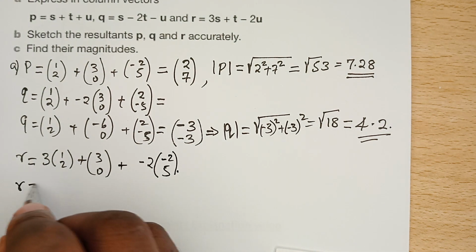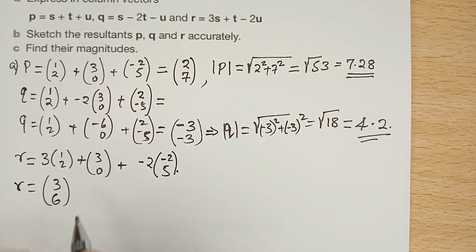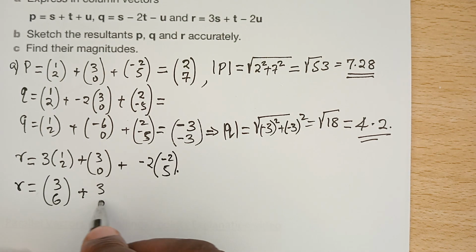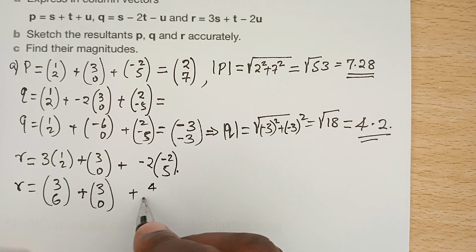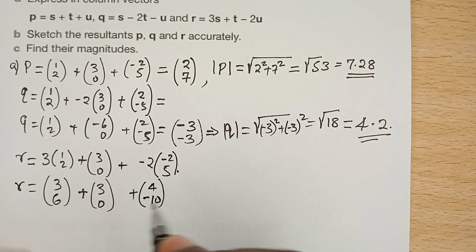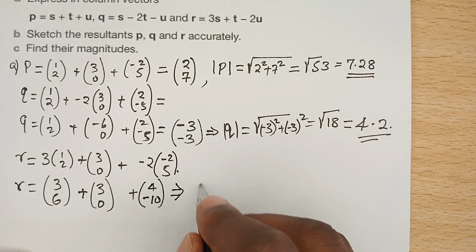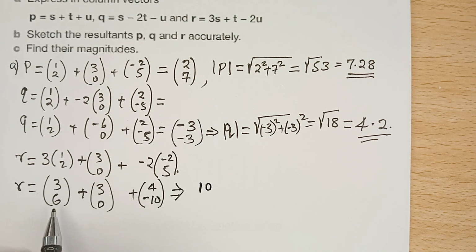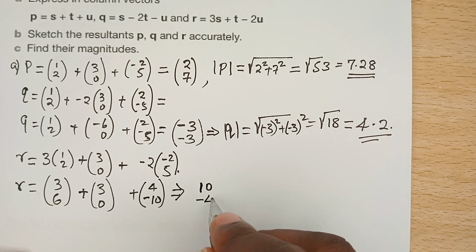Basically, we have vector r as 3 times (3, 6), plus (3, 0), plus (4, minus 10). What we have finally is 3 plus 3, 6 plus 4, 10, and 6 plus 0, 6 minus 10, minus 4.